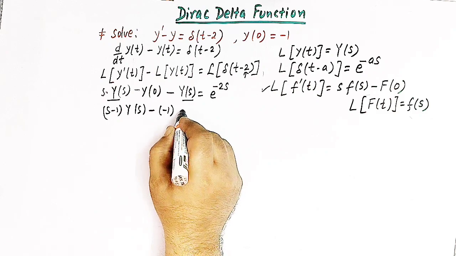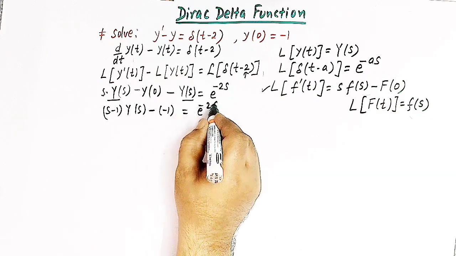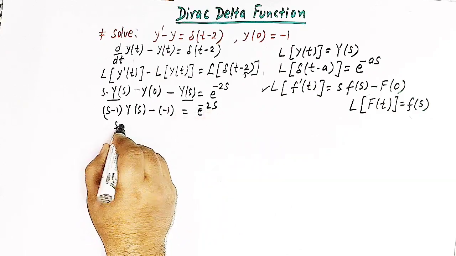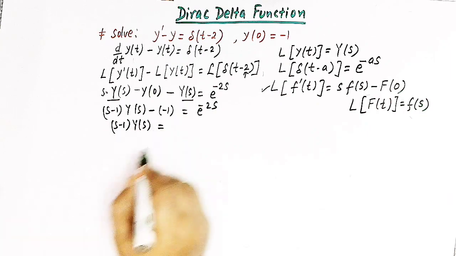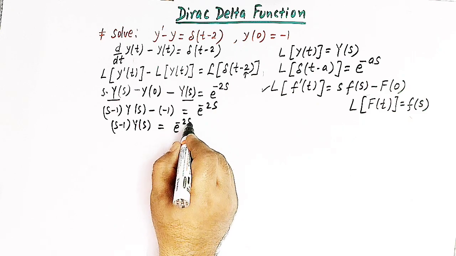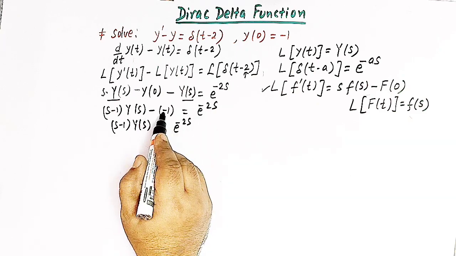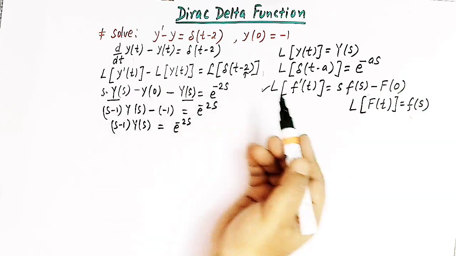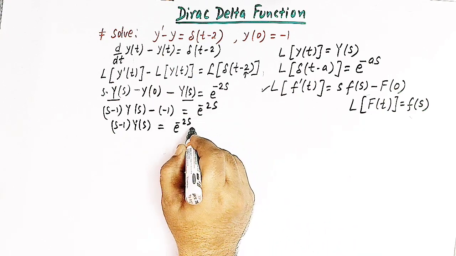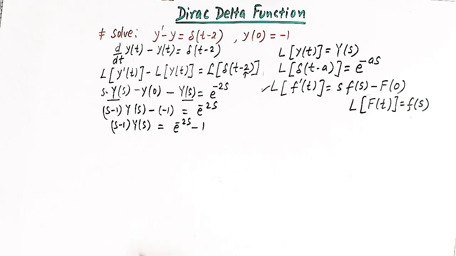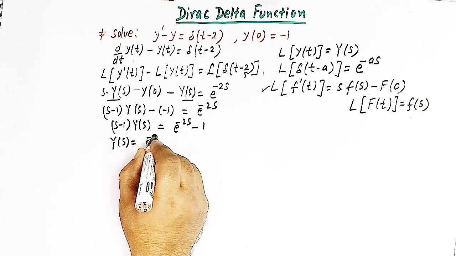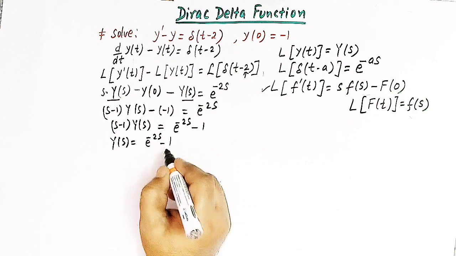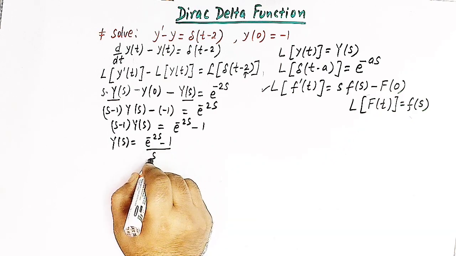So here we have minus minus 1, and we have (s minus 1) Y of s is equal to e raised to minus 2s, and this is minus minus plus. So if we take 1 to the right hand side, we have minus 1, right?